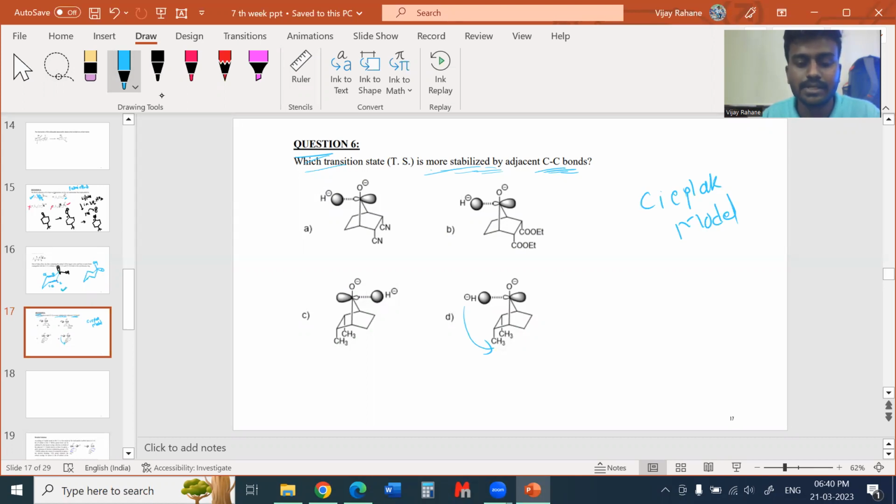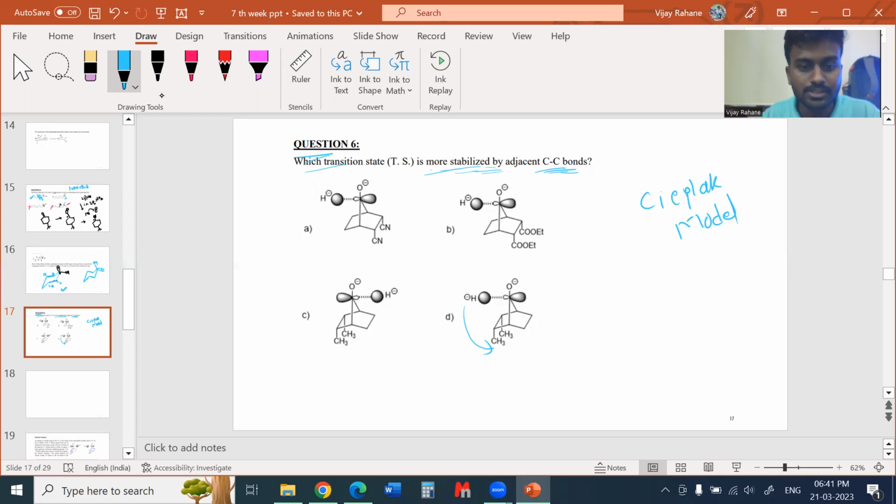So in this one, this hydride is attacking this center, so it has an overlap. According to the Cieplak model, in the transition state, attack by the nucleophilic hydride anion on the carbon sigma star orbital, the partially formed bond with the nucleophile can be stabilized by lateral overlap with the sigma orbital of the adjacent carbon bond.